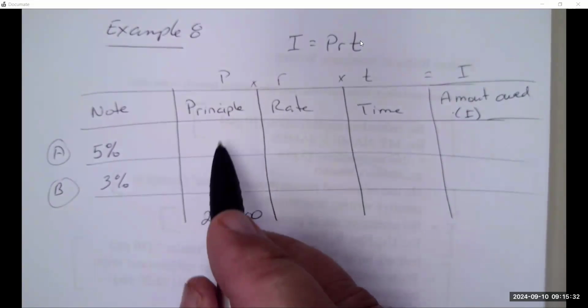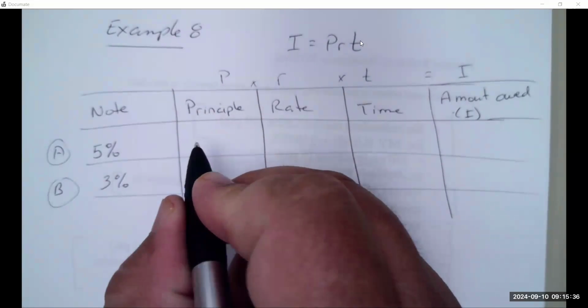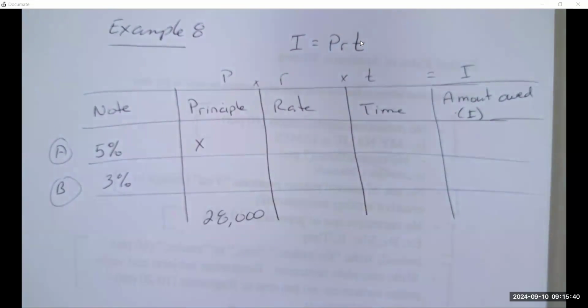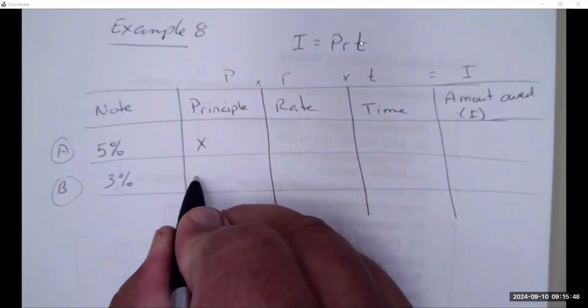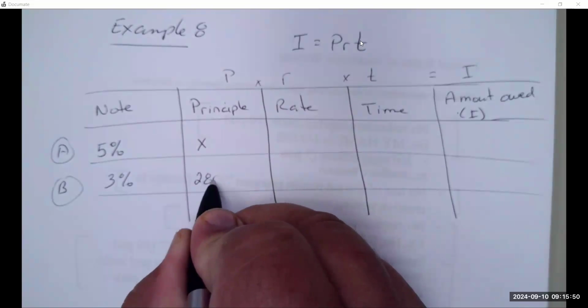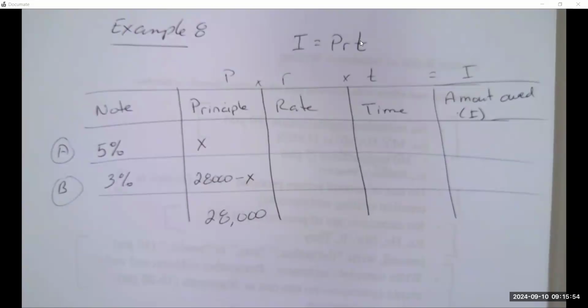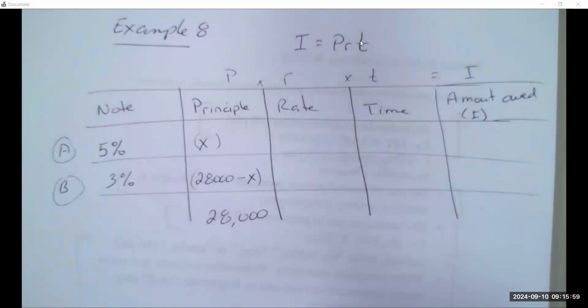But how much did we borrow from each one separately? Since we don't know anything about that, we know that we borrowed X amount of dollars on this first interest. So that amount is gone from the 28,000. So the other one is 28,000 minus X. That's the amount of money we borrowed for the second one.